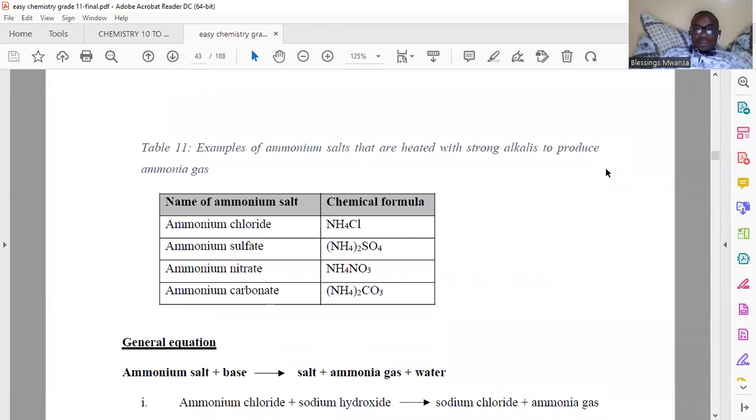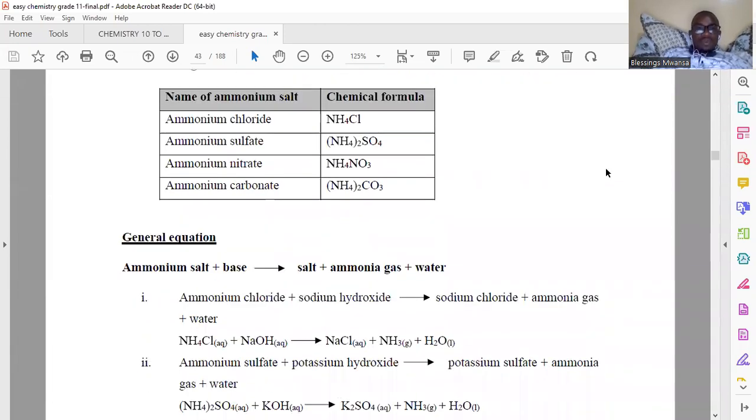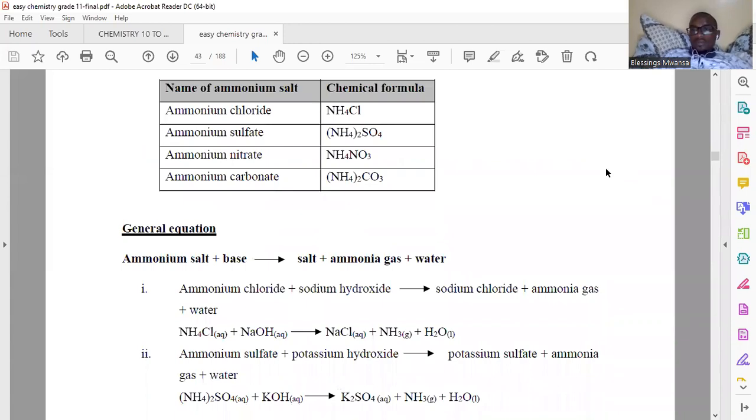The table here shows us examples of ammonium salts. We have ammonium salts such as ammonium chloride, ammonium sulfate, ammonium nitrate, ammonium carbonate. When these salts react with a base, and this base can be sodium hydroxide or potassium hydroxide, we will produce a salt, which is sodium chloride, we will produce ammonia gas, and we will produce water.